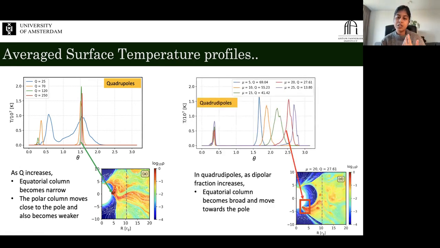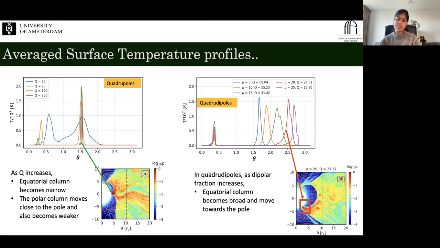And then we played around a bit with different effective dipolar and quadrupolar field strengths in the same star. To provide a reference point, the blue curve here is a pure quadrupole, and then we start increasing the dipolar fraction in the star.